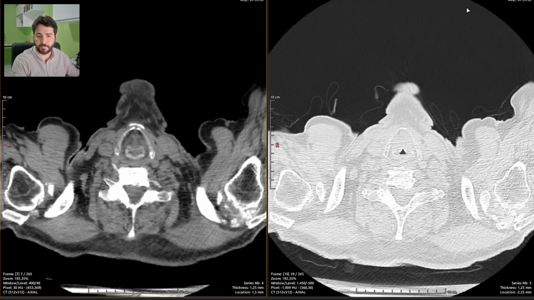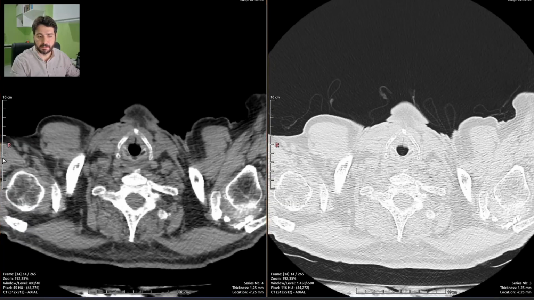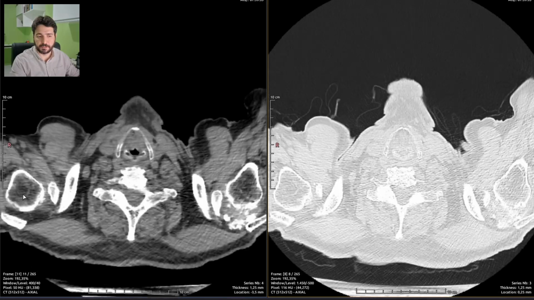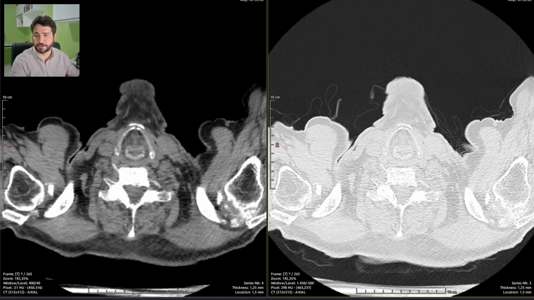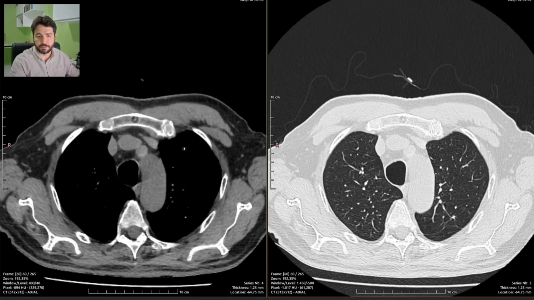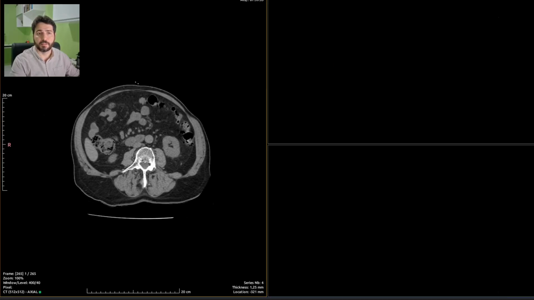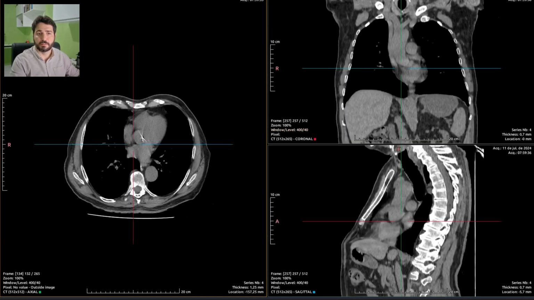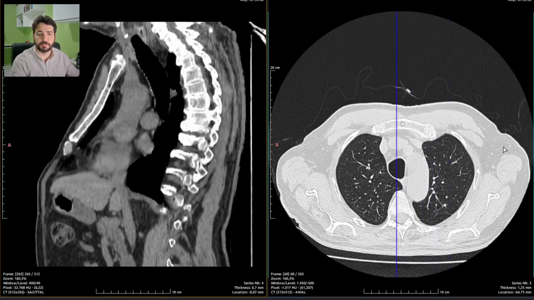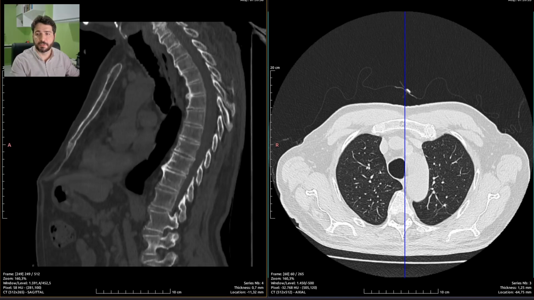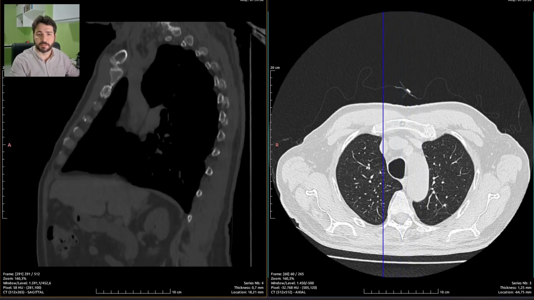So I can see there is diffuse arthrosis, degenerative disease of both the spine and the shoulders, which we can say is very common in this age group. Let's do a sagittal view and confirm there isn't much.